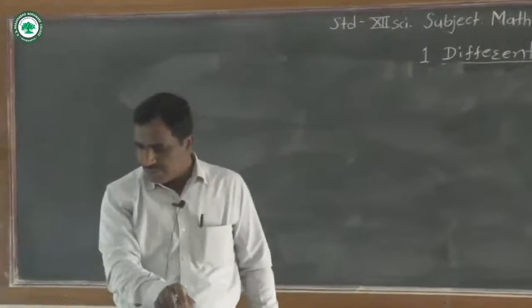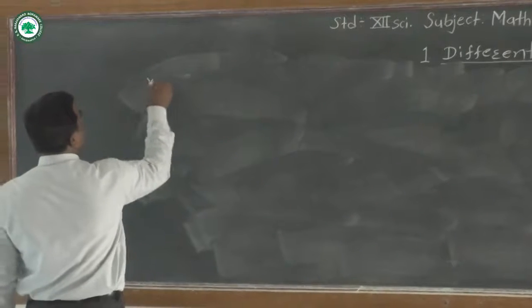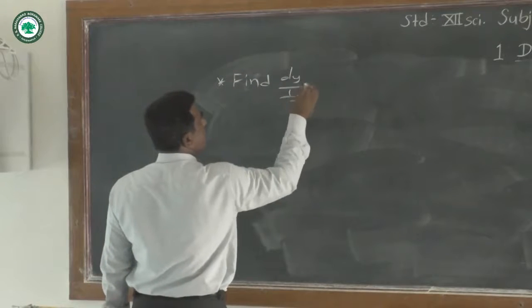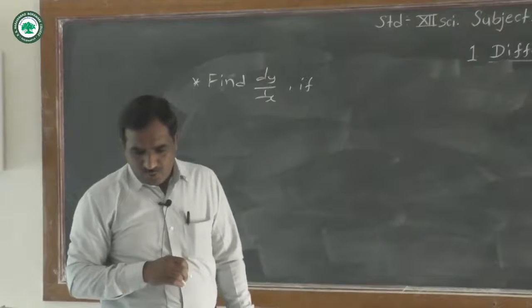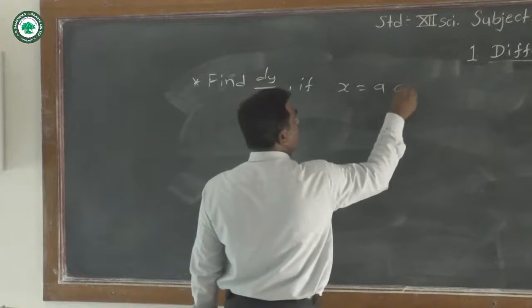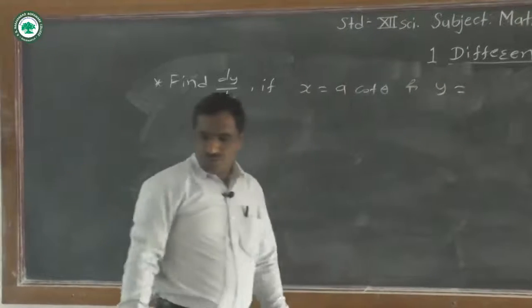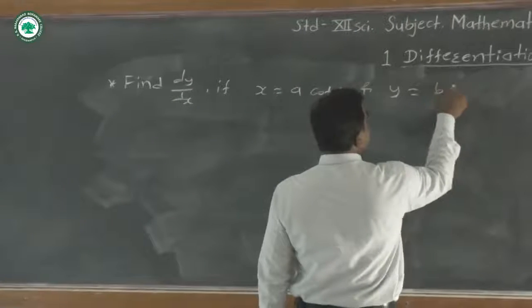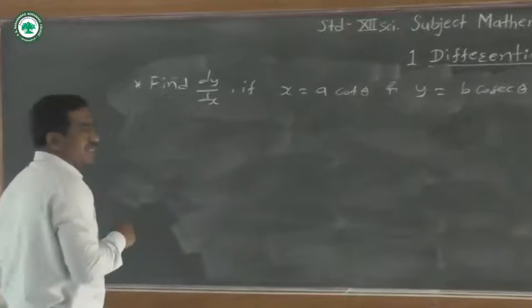The first example is find dy by dx if x is equal to a cot theta, and y is equal to b cosec theta. Okay, now we say answer for this example.